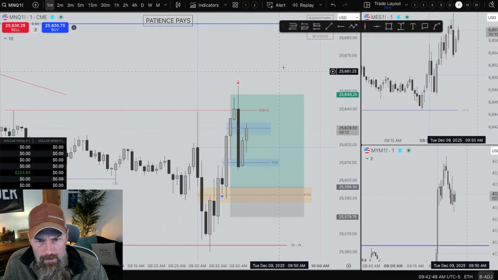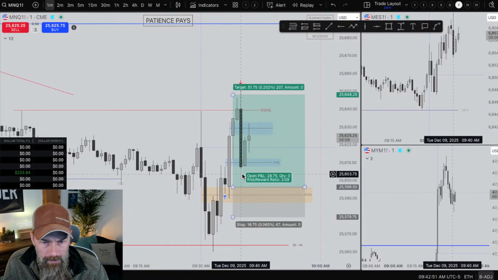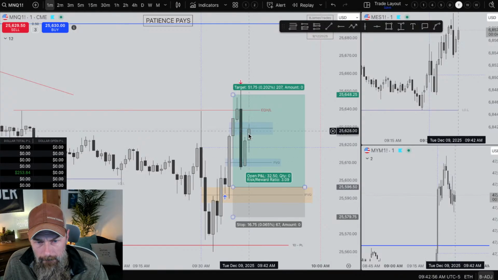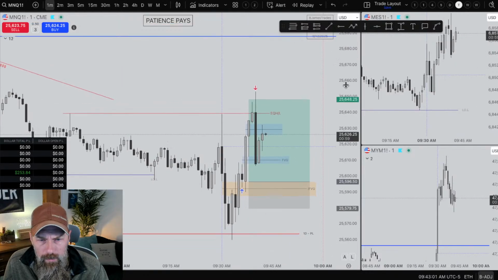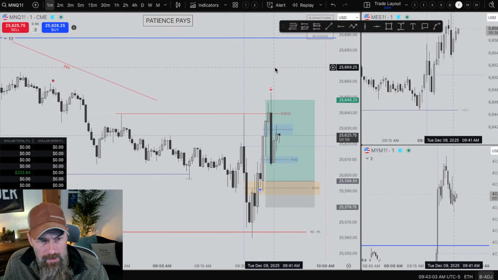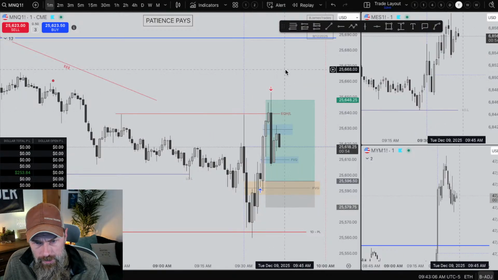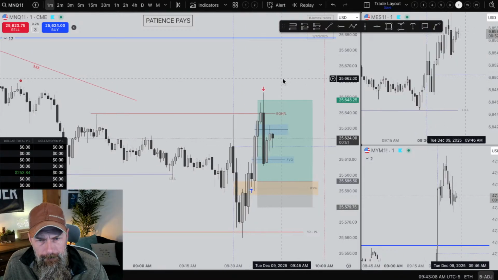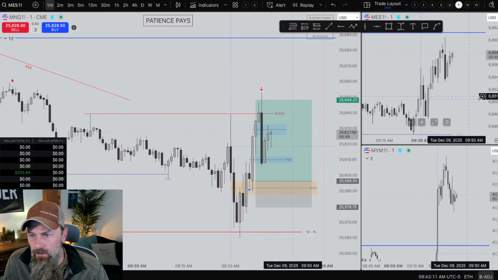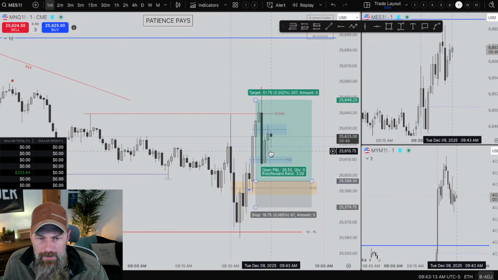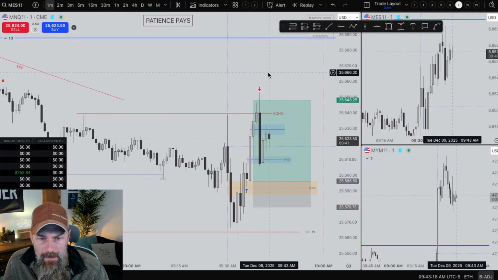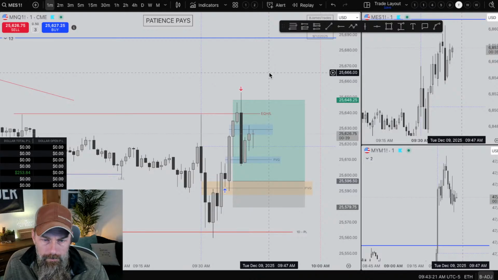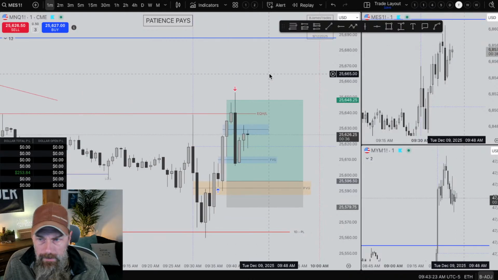I still got a reasonable return on my trade, but I can also see how if I hadn't gone break even at 2R or 1R, and also not trailed my stop, which is not in my rules either way, whether I can or can't trail my stop once it starts pushing, I guess I need to maybe define that a little further, because I'd be curious to see if I had let it be, does it continue on up into here, if that makes sense? But let's see what happens.